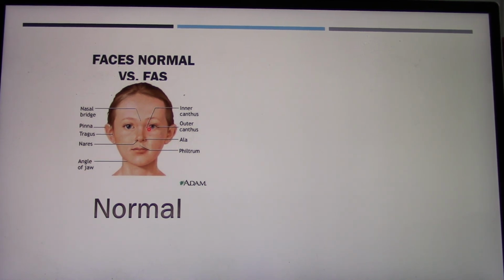So you've normally got an inner canthus that looks like this, and everybody has a philtrum, which is that little ridge that goes between your nose and your lips. And then you've got a nice nasal bridge and so forth and so on.